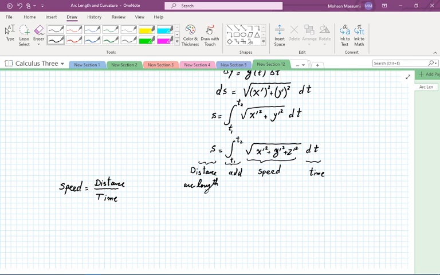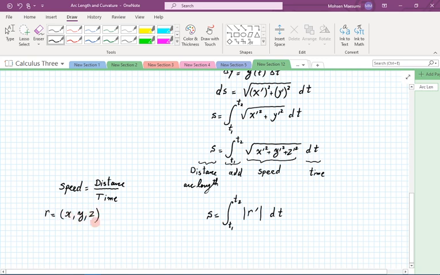Very simple. Let's write it in a bit more advanced style as well. S is the integral from some time to some other time of the absolute value of R prime. So what happened here? R is a position. R typically represents the position x, y, z, or sometimes it is written with the notation i, j, k.